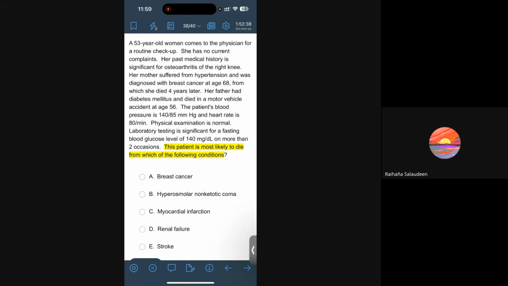She has no current complaints. Her past medical history is significant for osteoarthritis of the right knee. Her mother suffered from hypertension and was diagnosed with breast cancer at age 48. Her father died in a motor vehicle accident at age 56. Blood pressure is 140/85."